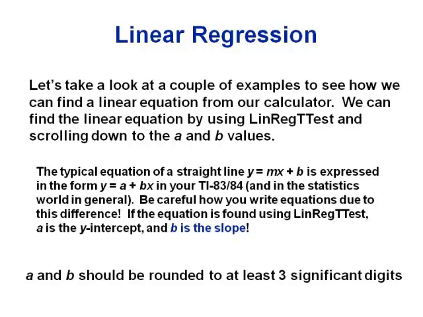So instead of y equals mx plus b, you'll see the form as y equals a plus bx. That's how LinReg t-test is going to spit this information out. And so you have to be very, very careful with that because you're really used to b standing for the y-intercept. And in this case it's not. B actually stands for the slope. So you kind of have to switch your thinking around a little bit.